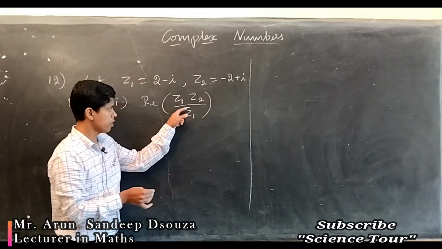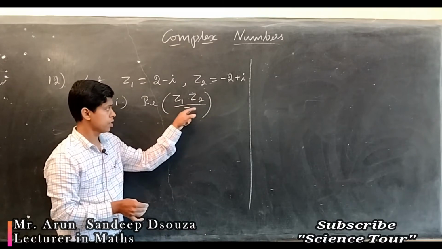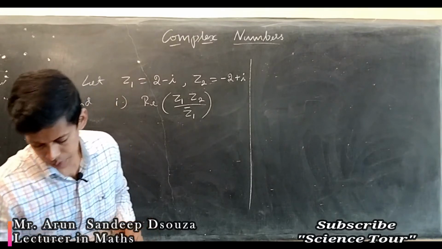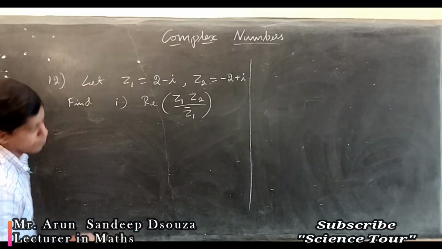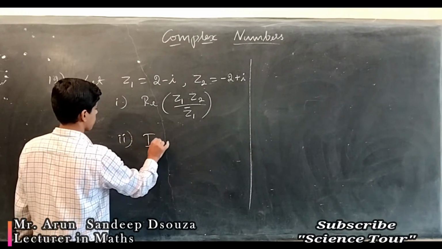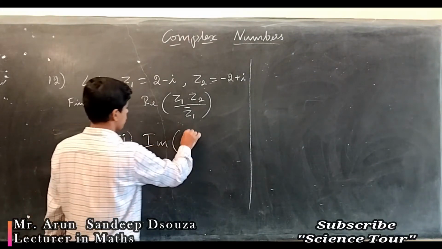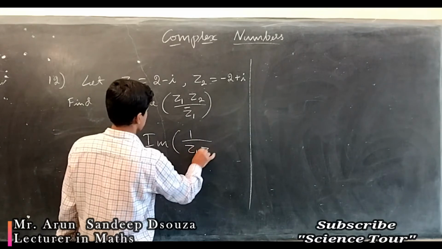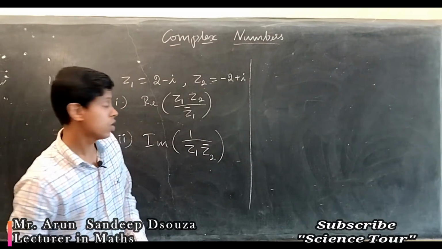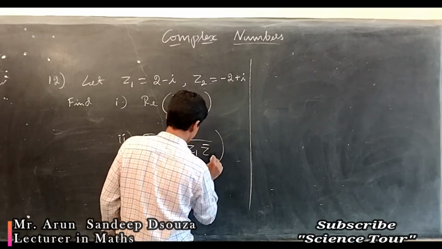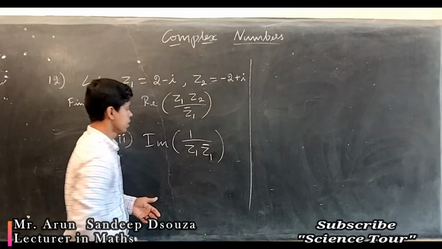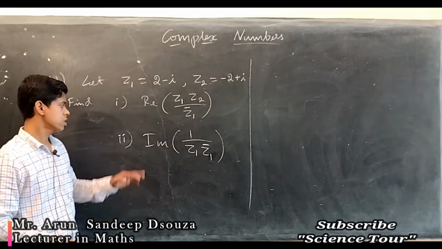So z1 bar is the conjugate. This symbol is very important. Then the imaginary part of 1 by z1 bar. Sorry, z1 bar.